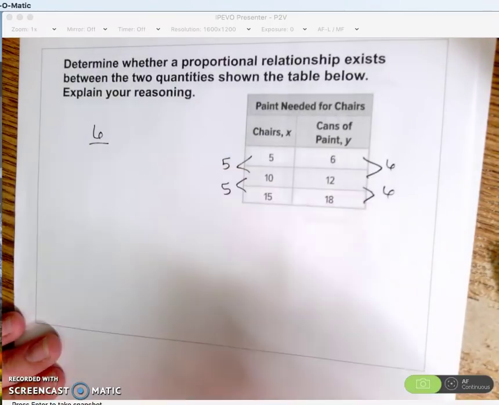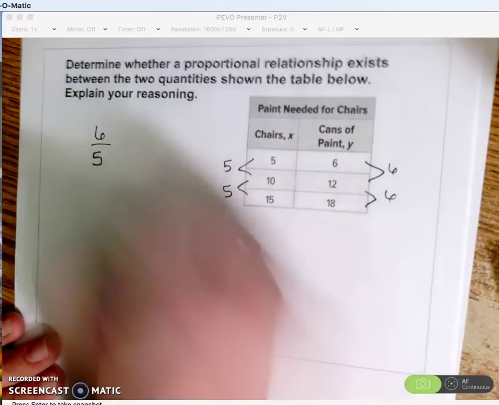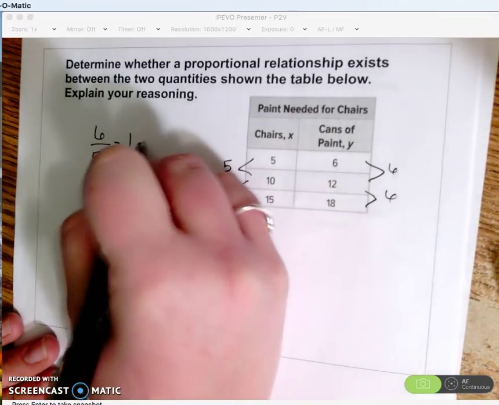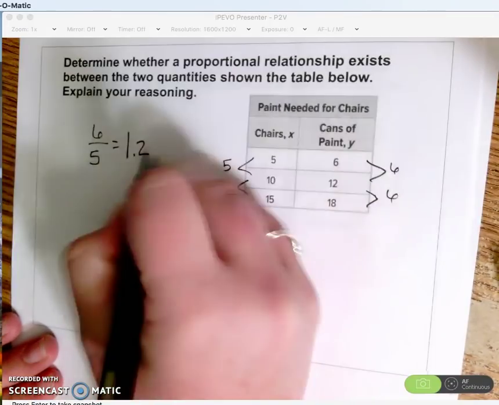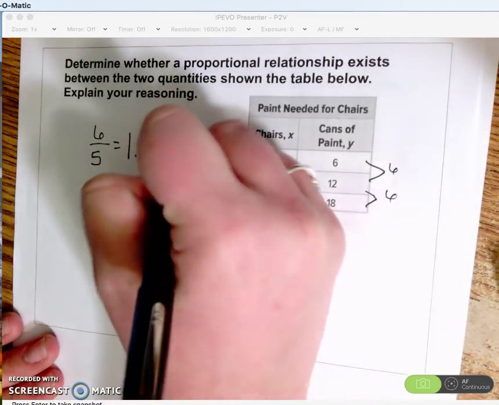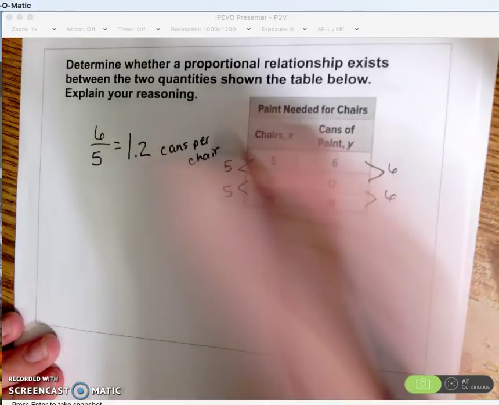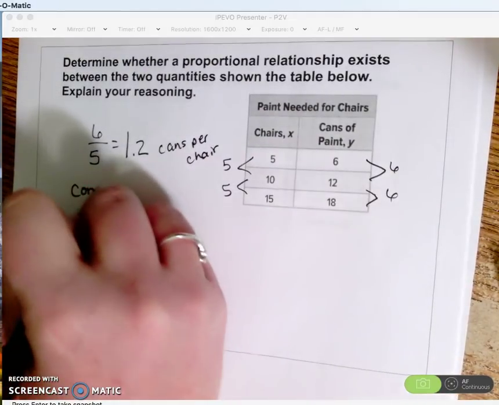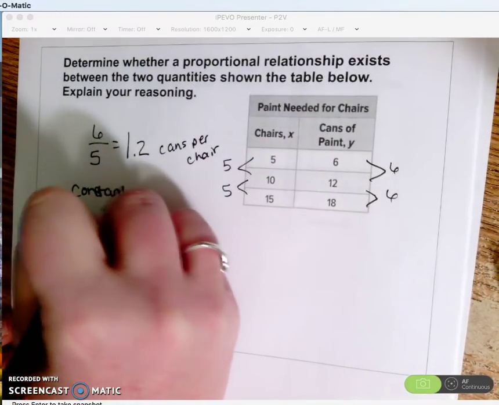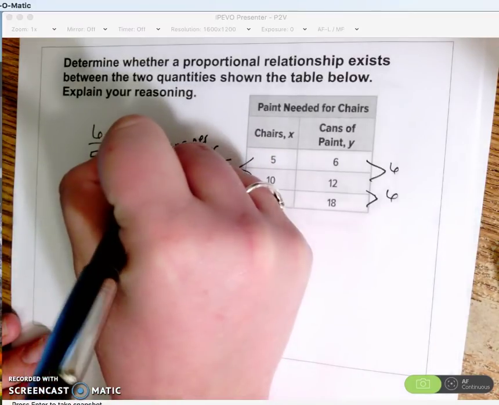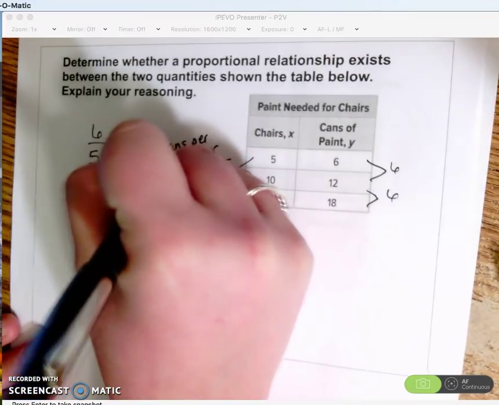We're adding 5, so that would be 6 over 5, and that equals 1.2, and that's 1.2 cans per chair. So we do have a constant rate of change.